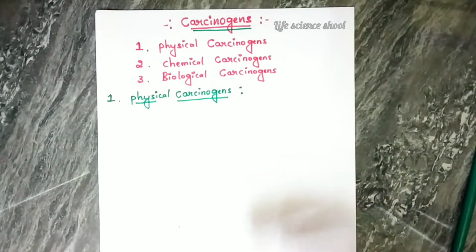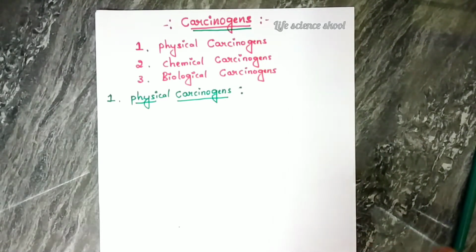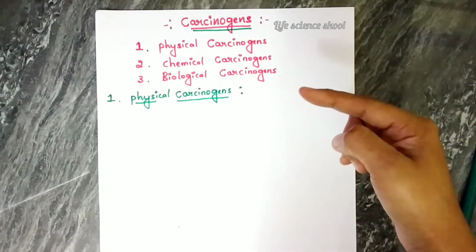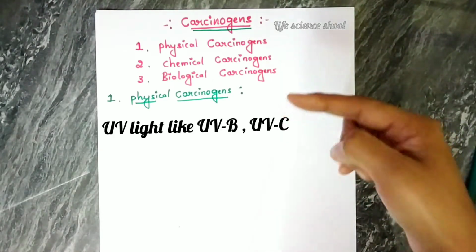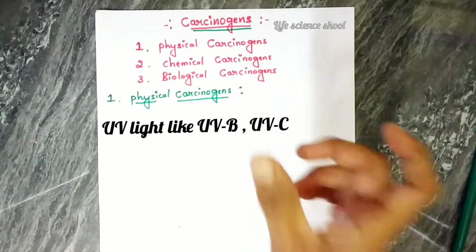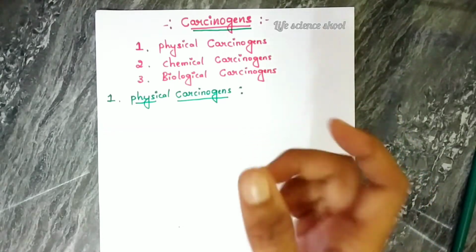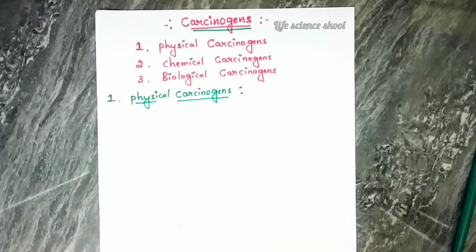And the best example is overexposure of human skin to solar radiations such as UV light, like UVB and UVC, which causes mutations in the skin cells and is found to induce cancer.